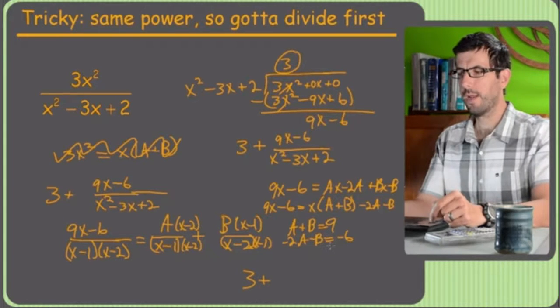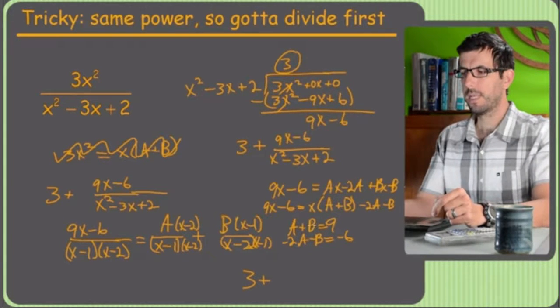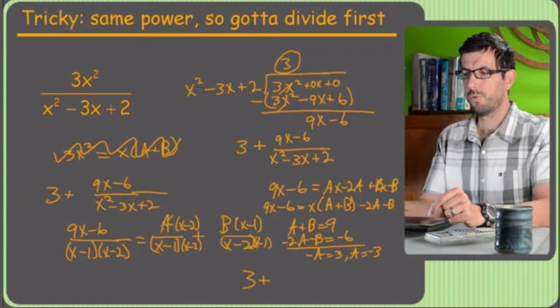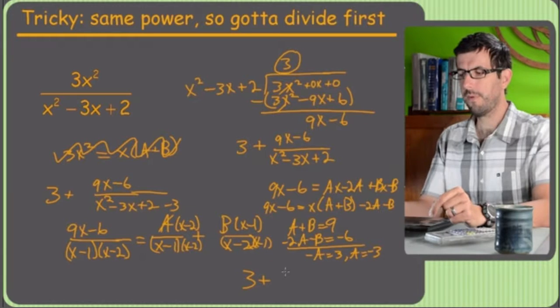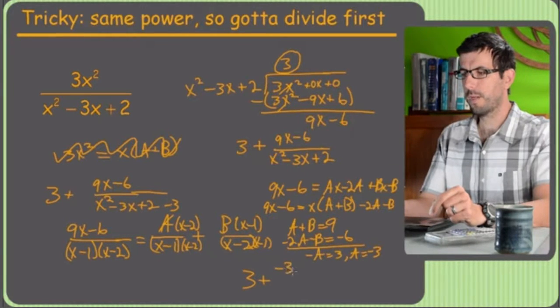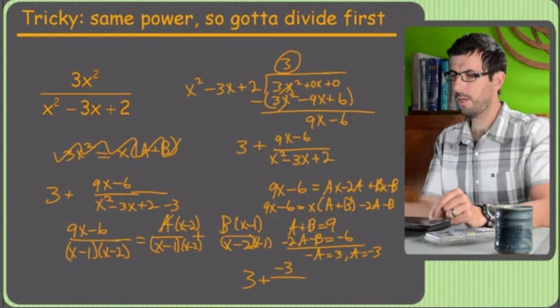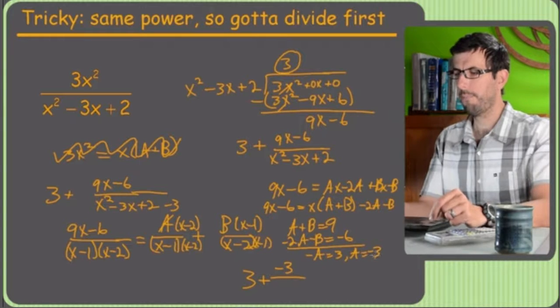If I add these two together, see, the B's cancel, and I get A minus 2A is negative A, so negative A equals 3, so A equals negative 3, yep.